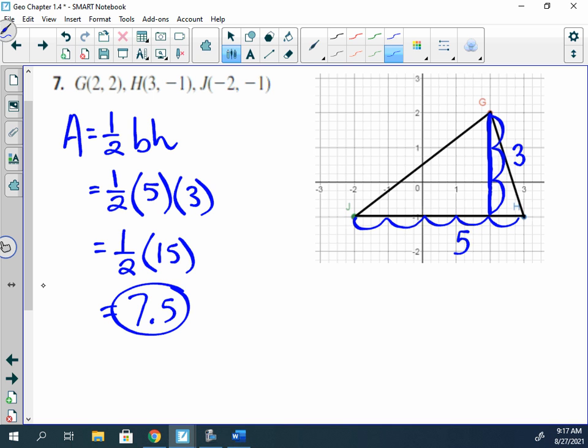And we could have typed that all into a calculator and it would give us the answer. Because if we did it the other way, half of 5 is 2.5, times 3 will still give us 7.5. It's just a little easier to do the fraction last. Questions on this here?